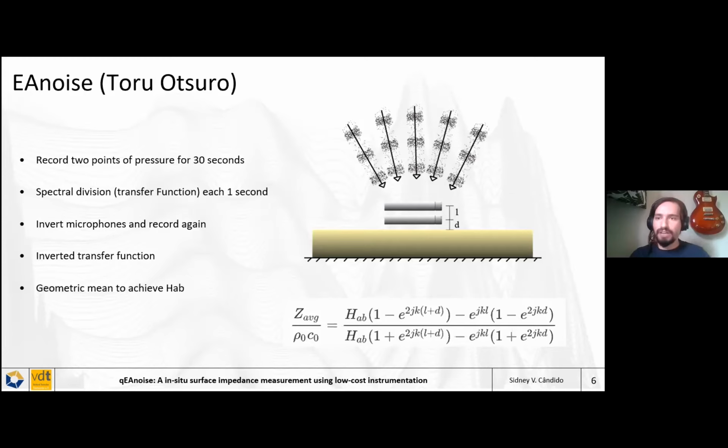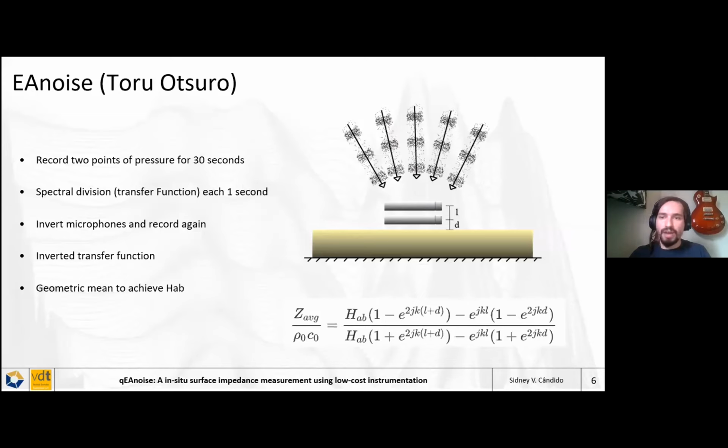In 1 second you have one incidence, in another second you have the other incidence. You can measure for a longer time, but you don't need to. You average, you smooth the data. And this will remove the diffraction effects that are common in in-situ measurements.